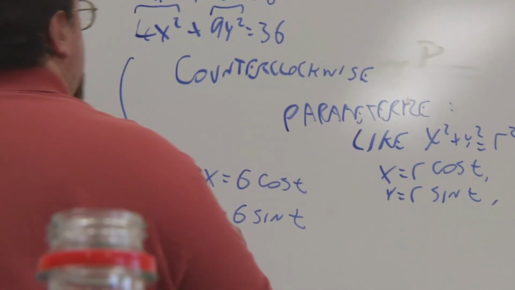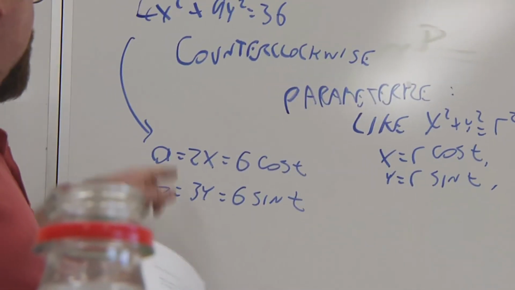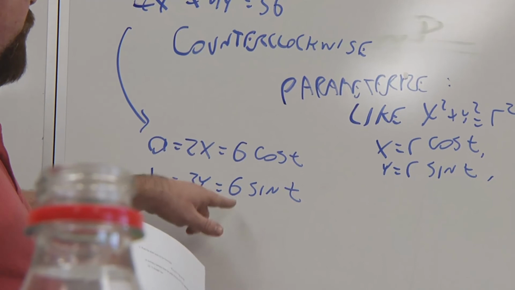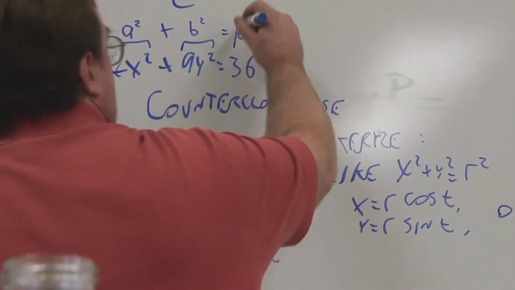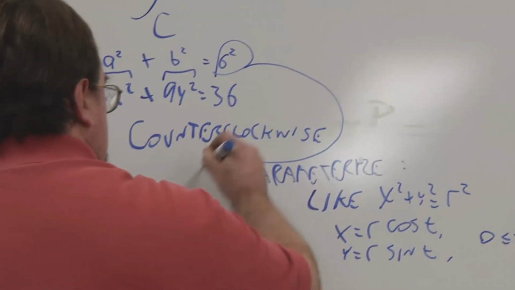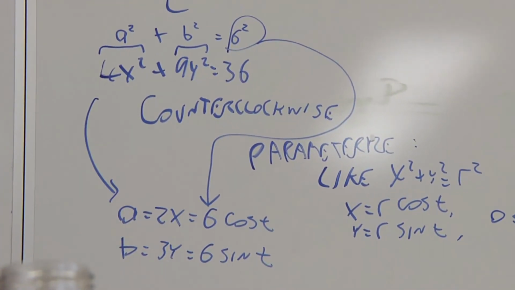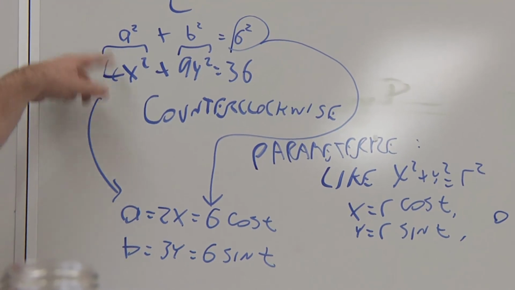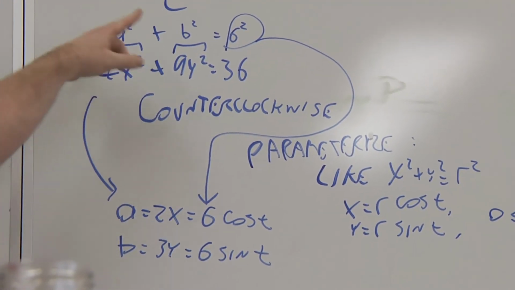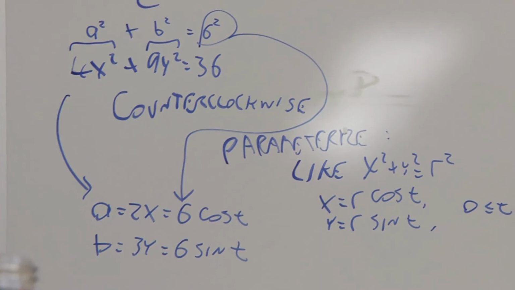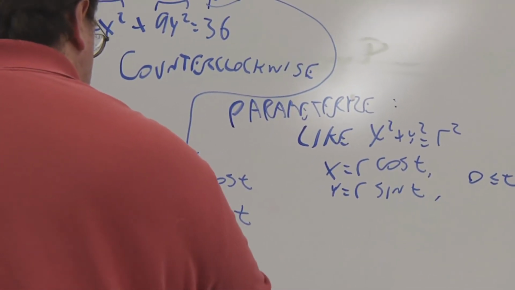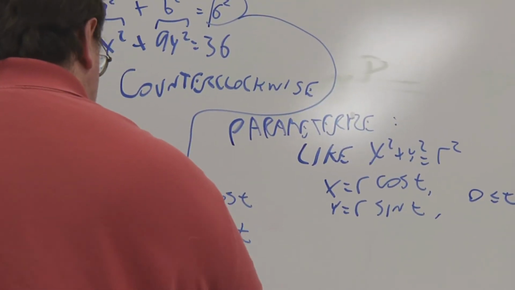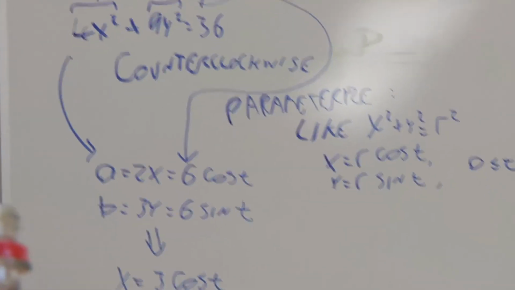The reason I'm putting the 6 in here is because we have a 6 squared on the other side. Associating these, a squared is 4x squared, so that tells me that a is equal to 2x, and b is equal to 3y. So now you have a parameterization. x is 3 cosine t, y is equal to 2 sine t. And t goes from 0 to 2 pi.